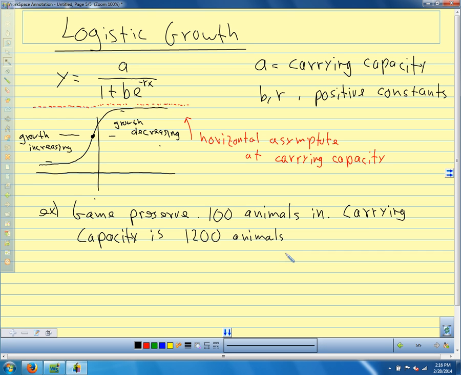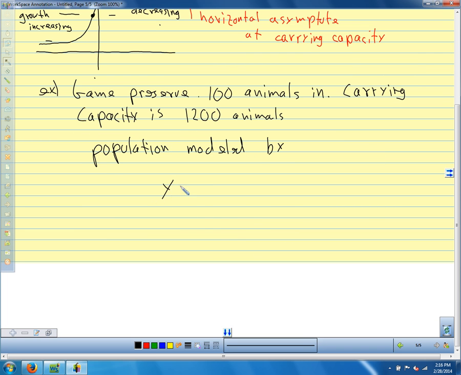And they've done their calculations, and they say the population can be modeled by this logistic growth function: y equals 1,200, our carrying capacity, divided by 1 plus 8e to the negative 0.1588t.